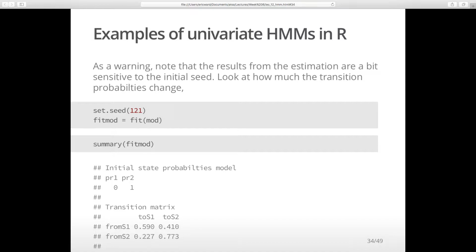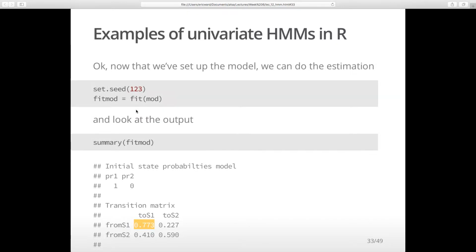Right off the bat, one of the warnings I wanted to flag for everybody's attention is that if we look at the values of this transition matrix and just change the seed, we get very different estimates. Going back to the previous slide, our seed was 1, 2, 3.